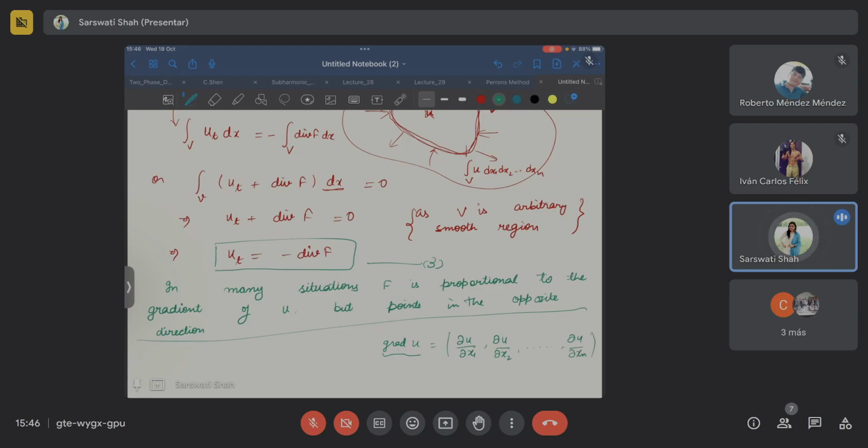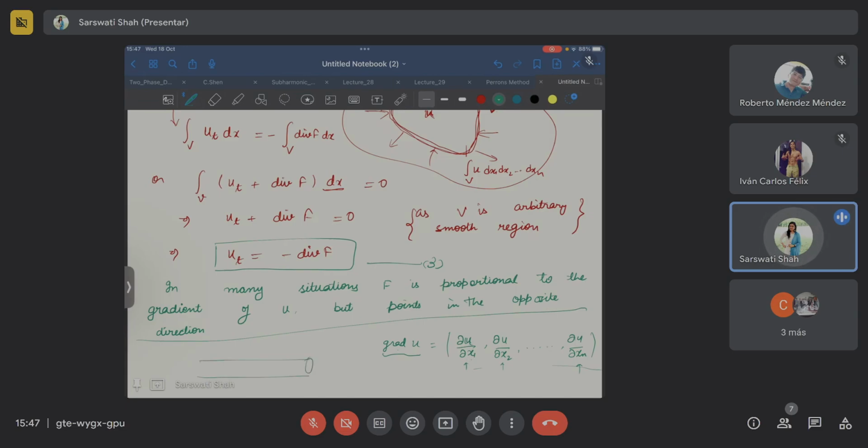Now, what is the meaning of gradient? It represents the change of the quantity u in the x1 direction, the x2 direction, the xn direction. We don't know whether it will be the maximum change or minimum change, because you don't know in the x1 direction whether u is increasing or decreasing, isn't it?